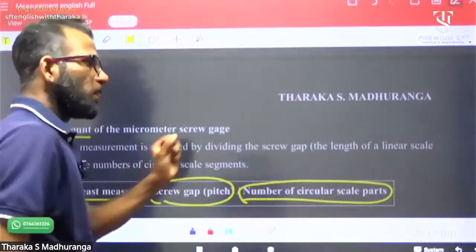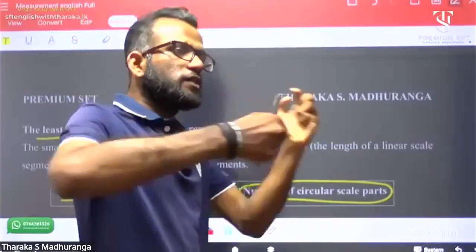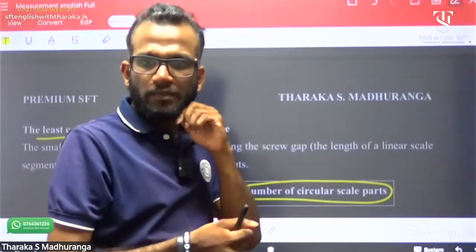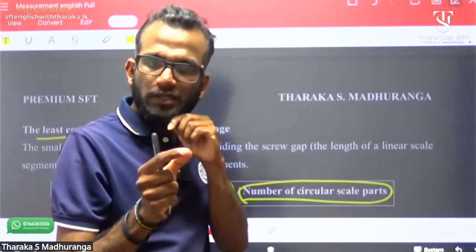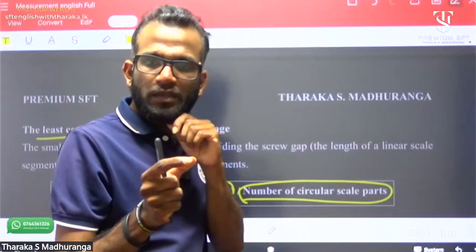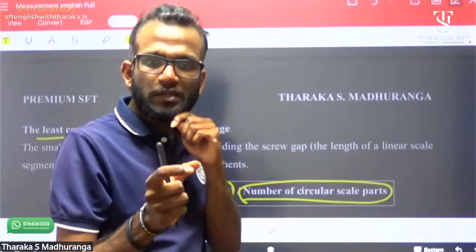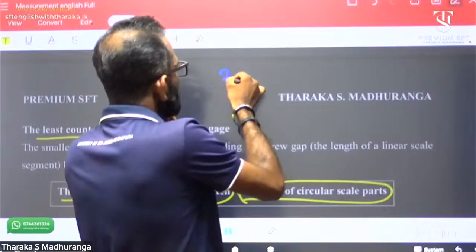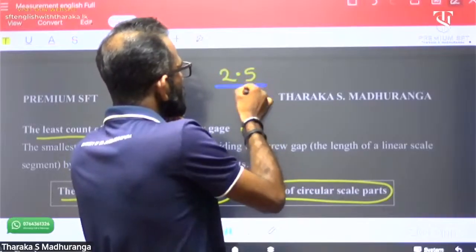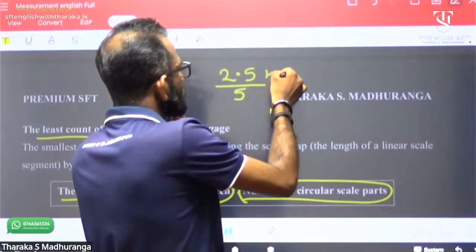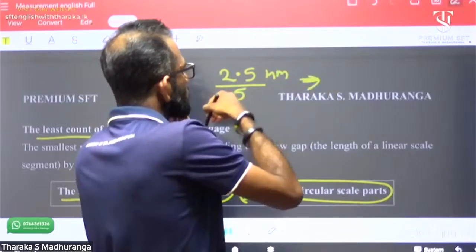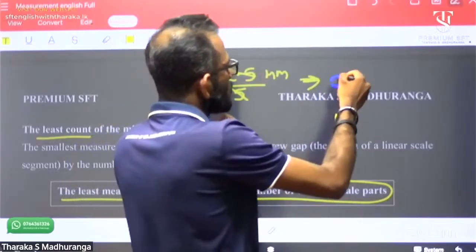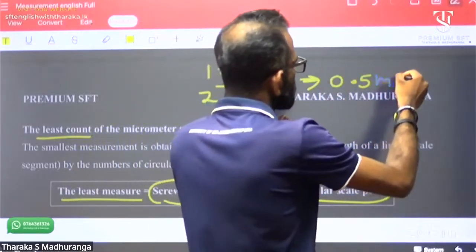Now, while rotating 5 revolutions, the moving distance is only 2.5 millimeter. Then what is the screw gap? It is 0.5 millimeter, because 2.5 divided by 5 is a half, that means 0.5 millimeter.